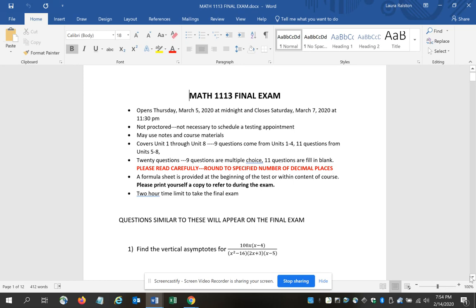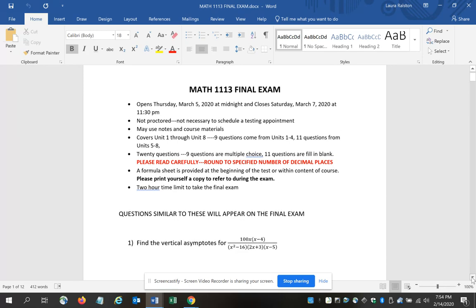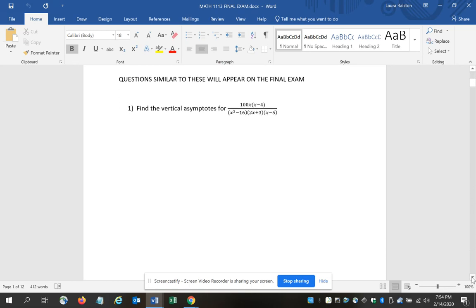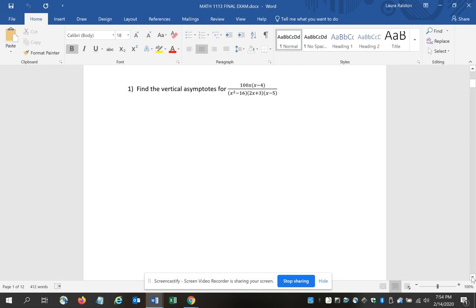The first one says find the vertical asymptotes for the function 100x times the quantity x minus 4 divided by the quantity x squared minus 16 times the quantity 2x plus 3 times the quantity x minus 5.